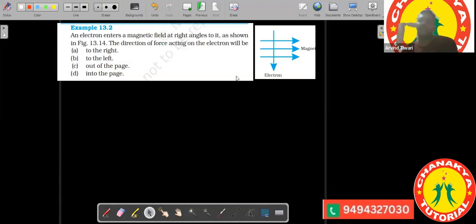So here, if the electrons are moving in the downward direction, the direction of current that we will take will be along this direction. Come on, tell me, in which direction will there be a force experienced? This is your current, this is your magnetic field.